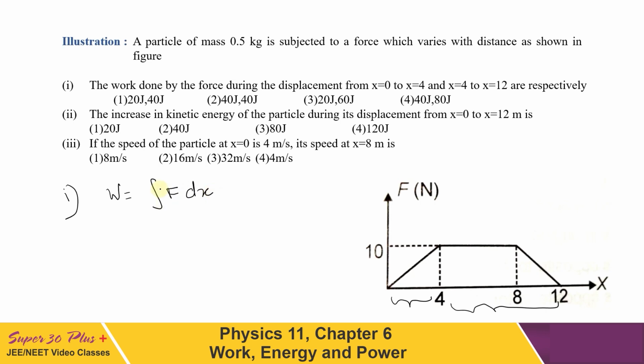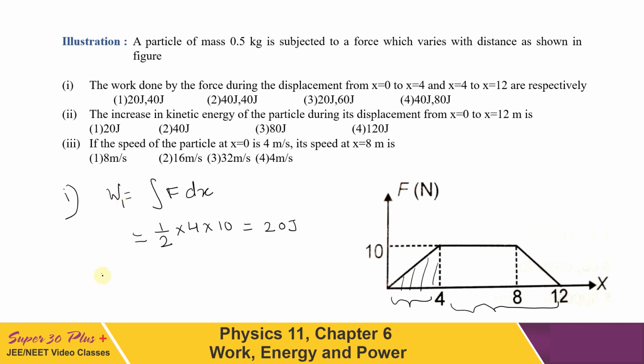If a graph is between f and x, integration of f dx has to be the area under the curve. So calculate the area under the curve for x from 0 to 4. That will be half into base 4 into height 10, so it will be equal to 20 joule. This is our first work.